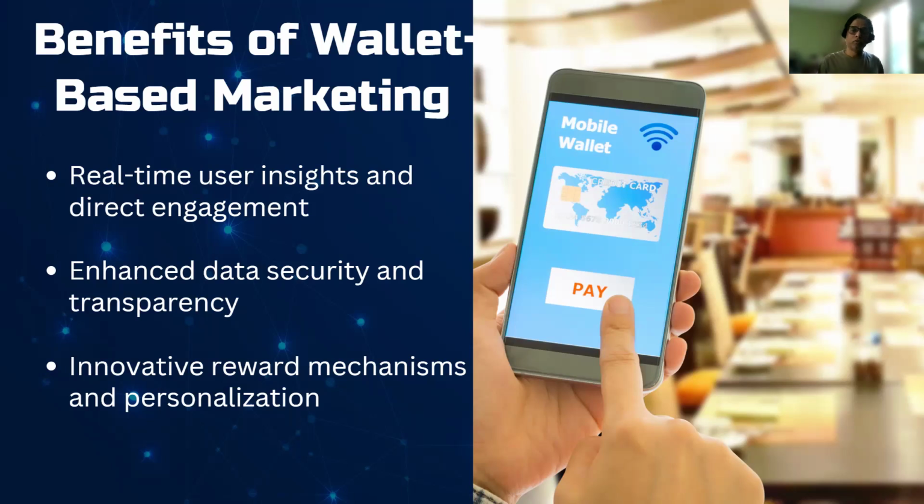And you can start your marketing campaign based on that information, and target the customers based on the information you collect in real time. There are a lot of Web3 analytics tools available for you to do this type of marketing based on the wallet addresses that you collect.